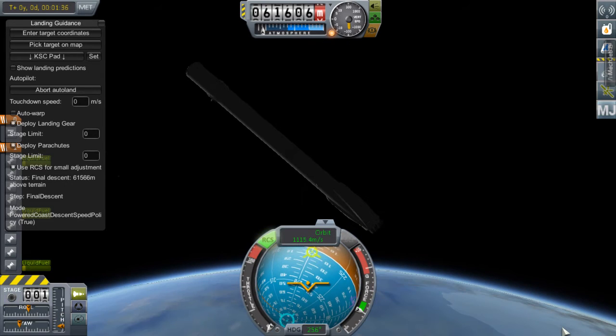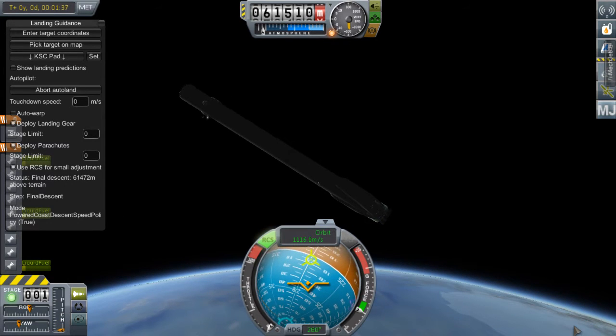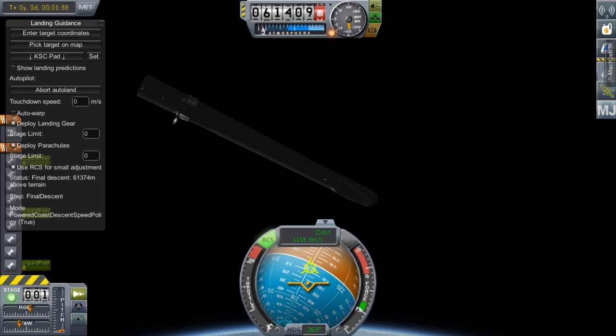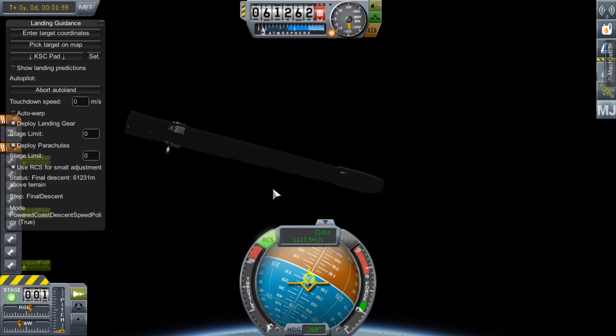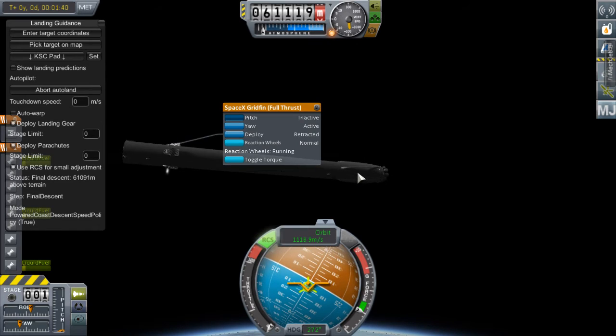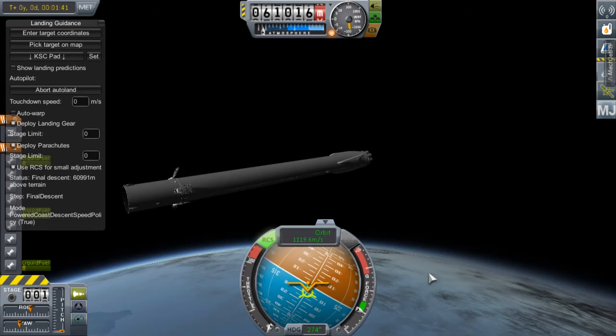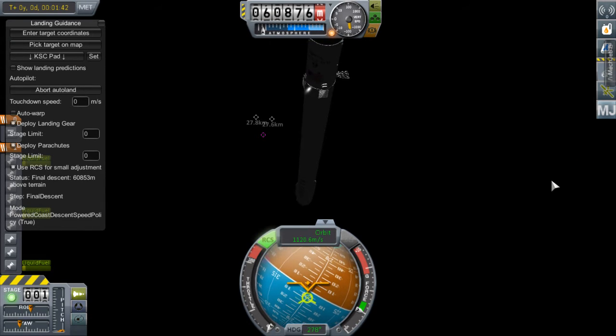Landing guidance system is enabled. Grid fins are enabled.